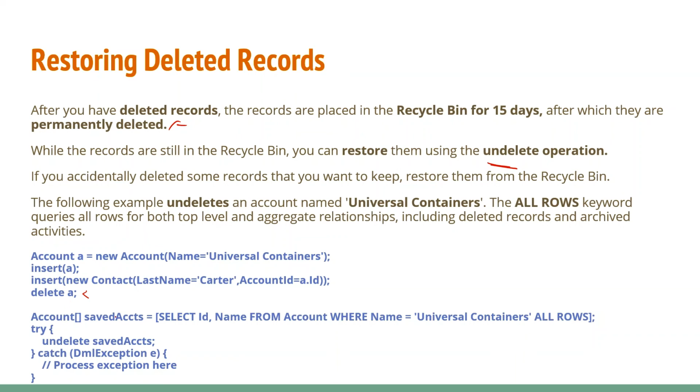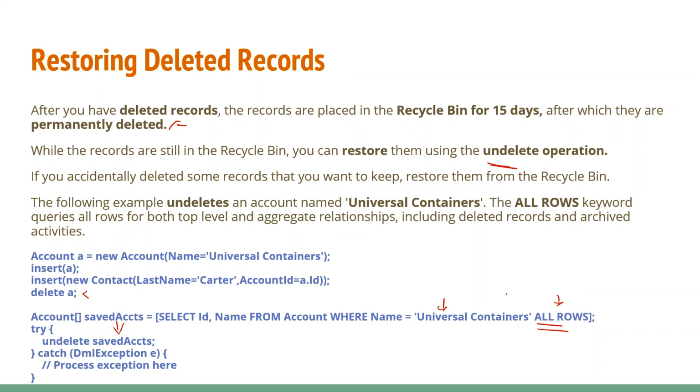Account is saved. Accounts equal to select Id, Name from Account where Name equal to this, ALL ROWS. Try undelete saved accounts. So this is how we can restore all the records where the name will be Universal Containers, and ALL ROWS is mandatory to recover all the rows which have been deleted.